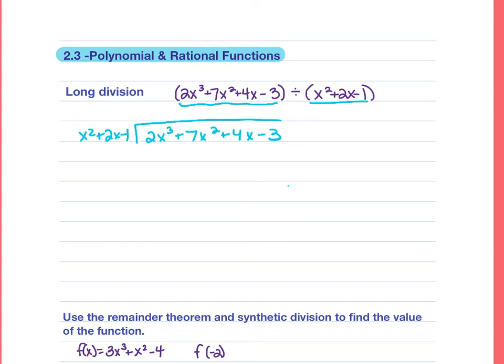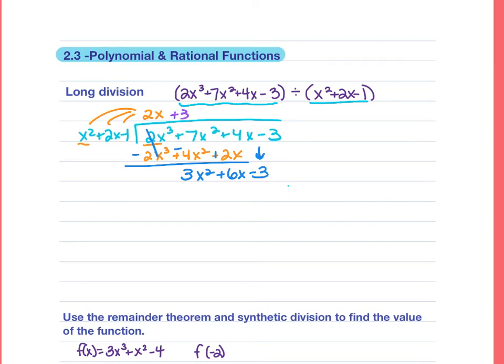And then it's first into first. So what would I multiply x squared by to get to 2x to the third? And it's 2x. Multiply it times all three terms on the outside. 2x to the third plus 4x squared minus 2x. Change my signs. Cancel. 3x squared plus 6x. Bring down the minus 3. Plus 3.